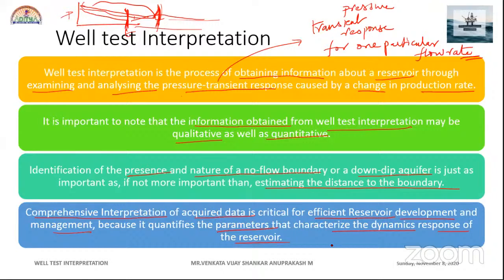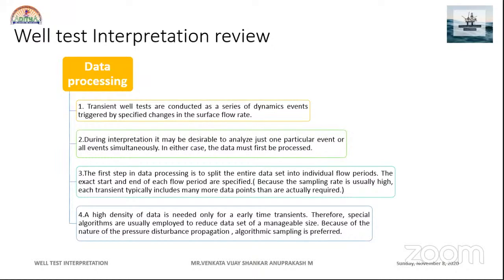Dynamic response means with respect to your flow rate, constant terminal rate, we are getting a response, and that response is in the form of a pressure response. So what is being done with your data? Once you obtain that, as I told you, each flow rate will have a transient, which will follow one type of transient.